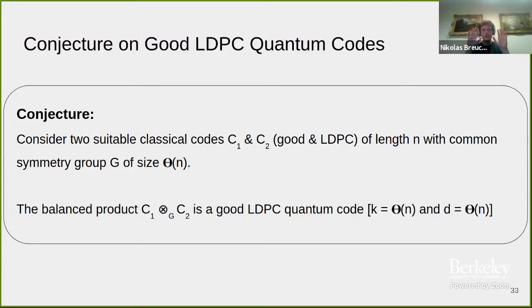So instead of taking one good code and one repetition code, we take two good codes. By doing this, we obtain a good LDPC quantum code. In fact, we can already prove that the encoding rate is linear. What's left is, of course, the hard part, which is the distance.